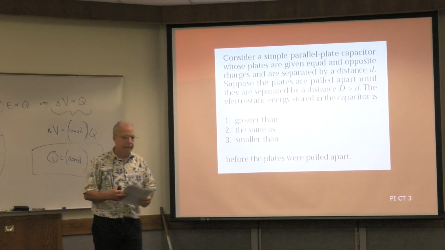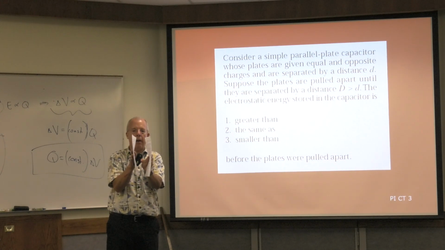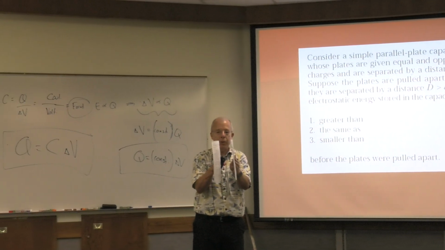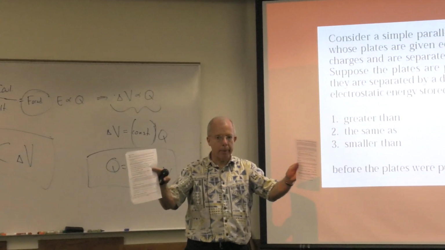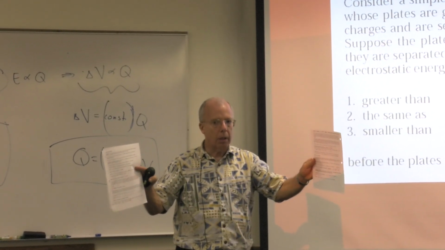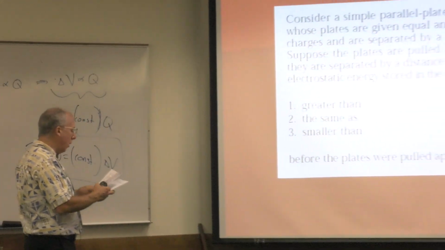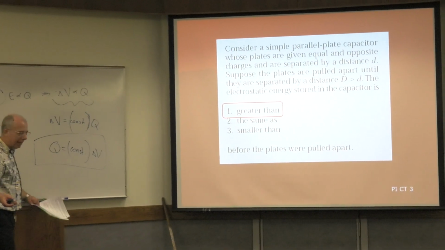So think about it. I have a positive plate and a negative plate. Initially they're here. Where do they want to be? Together, like that. Now I'm pulling them apart. What's happening to the electric potential energy? Pause your video and figure it out. I hope that should be obvious.